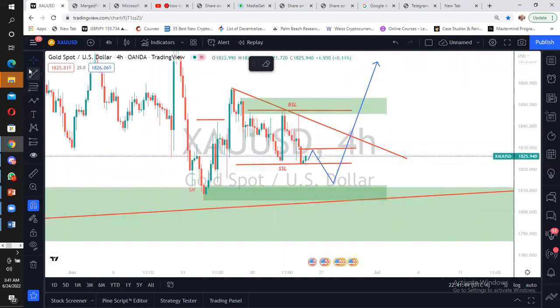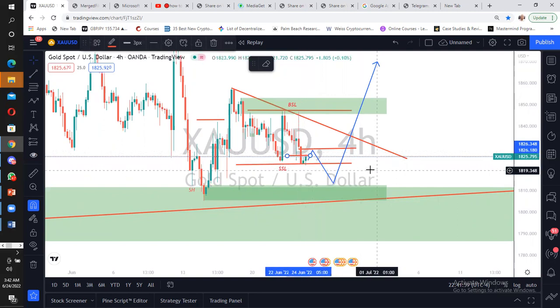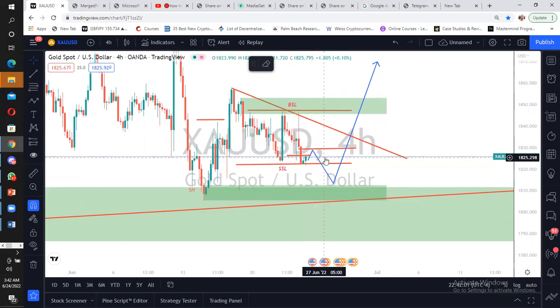So here I have a fair value gap here. So I want to see it trade straight into the fair value gap.